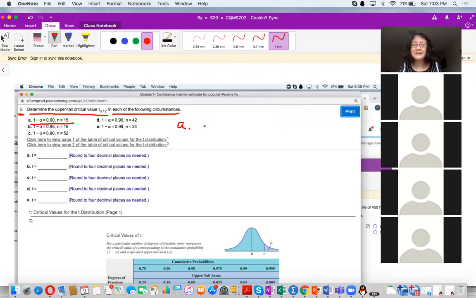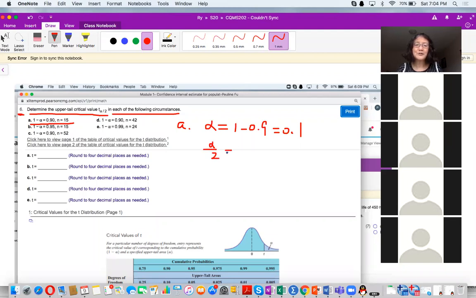If 1 minus alpha equal to 0.9, what is alpha? Alpha equal to 1 minus 0.9. Do you agree? So alpha equal to 0.1. Any questions? The question asks for t subscript half alpha. So first, what is half alpha?